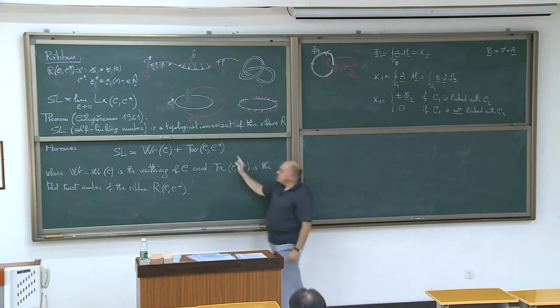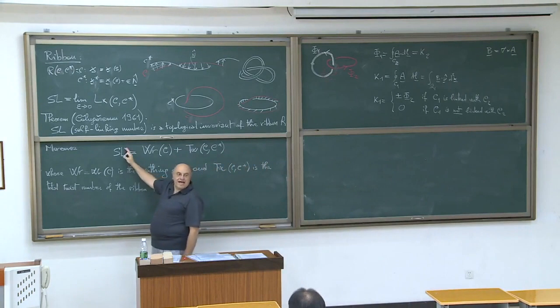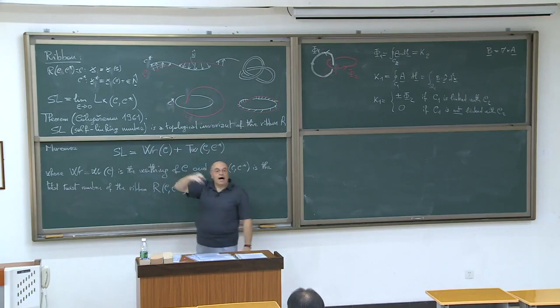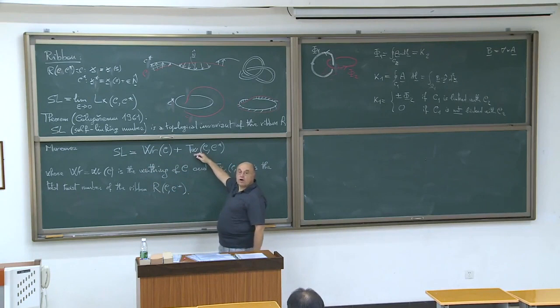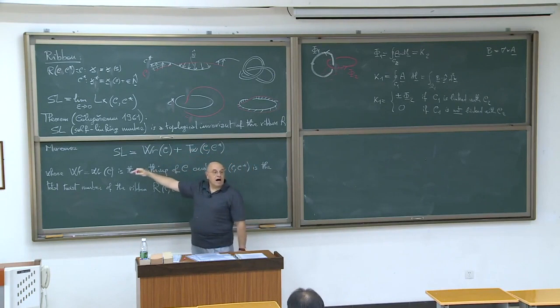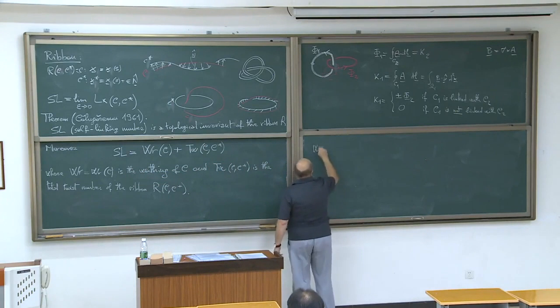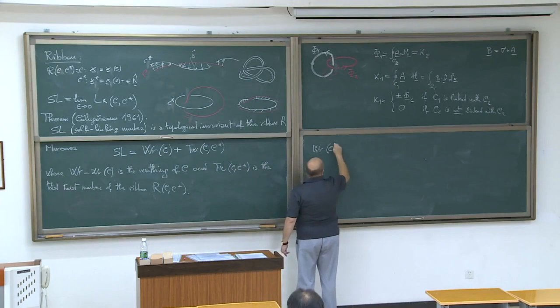The total amount of information, you call it SL, but this self-linking can be either a lot of writhe and a very low twist, or a lot of twist and very low writhe. I come to explain that in a minute. I just like to give you the expression for the writhe of C.